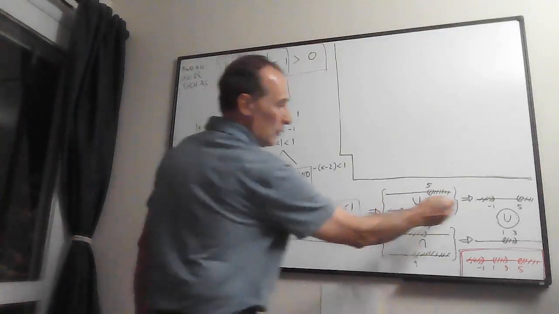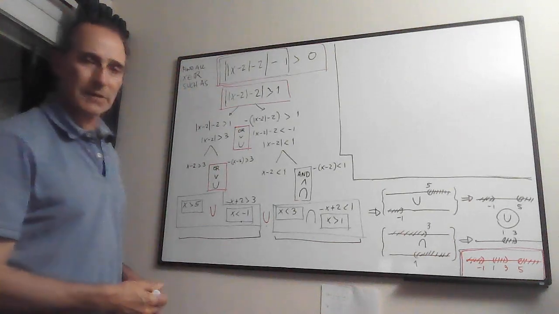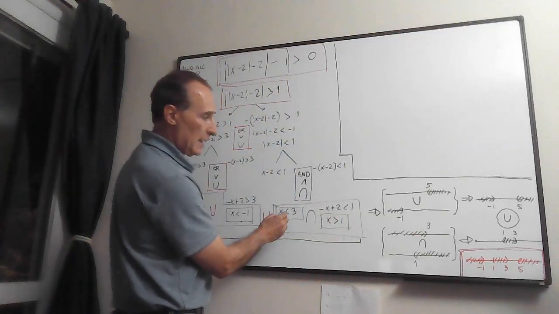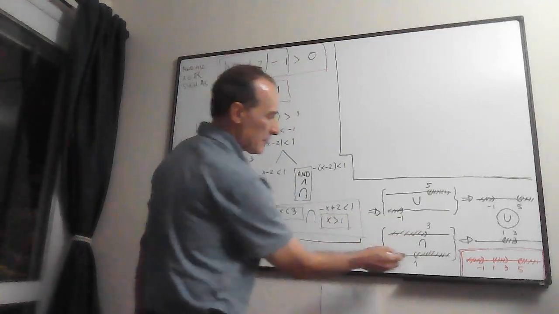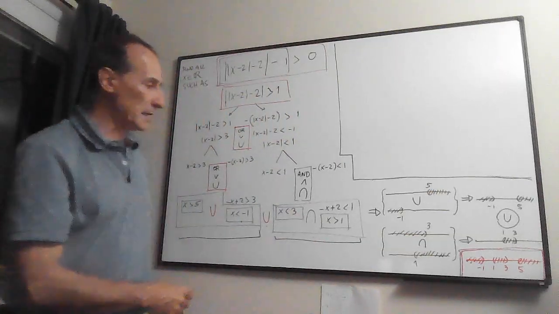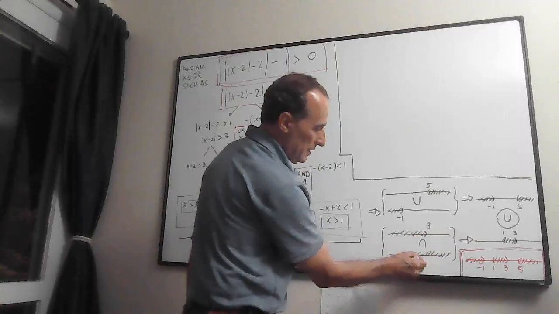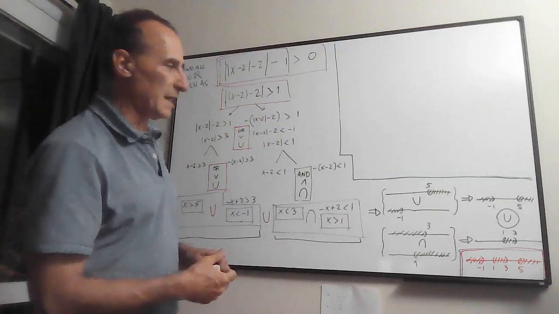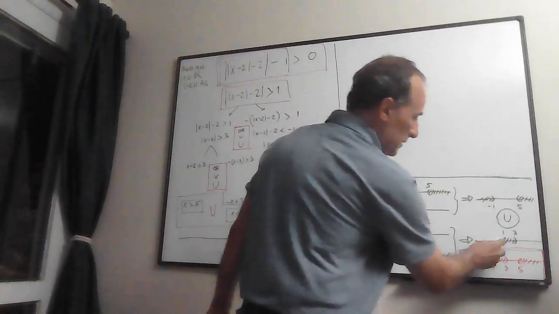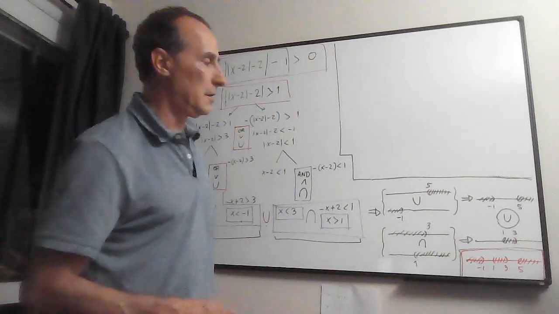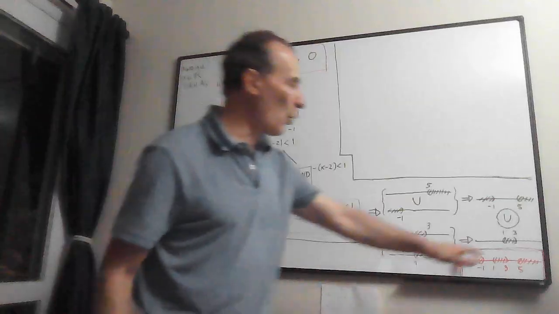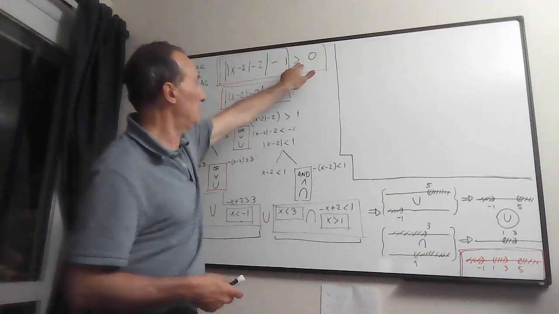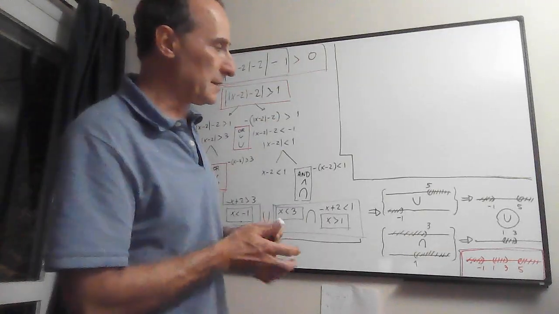This is a union, so both intervals are part of the solution. x less than 3 and x greater than 1, excluding 1 and 3 because those are open intervals, because you have originally greater than 1, less than 1.